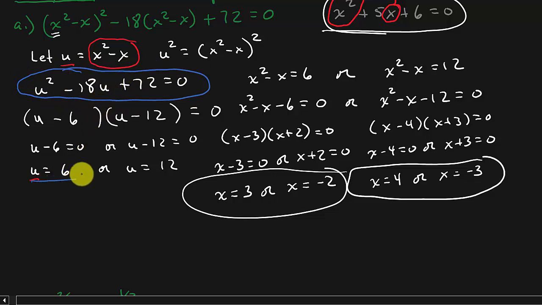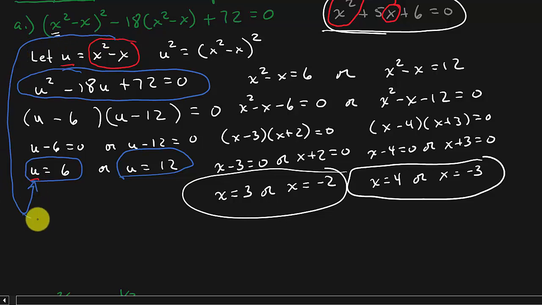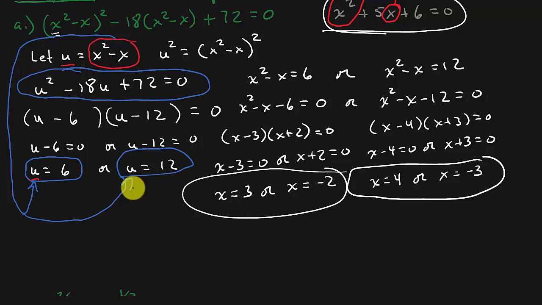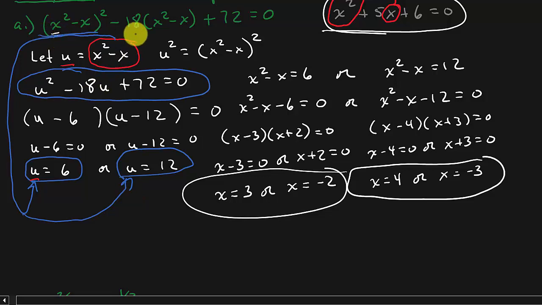And then once we solve it and get down to this, we're going to plug back in for u so we can solve for x. It's just kind of like a dummy variable to put in there to make this right here easier to factor. Because doesn't this right here look a lot easier to factor than that?